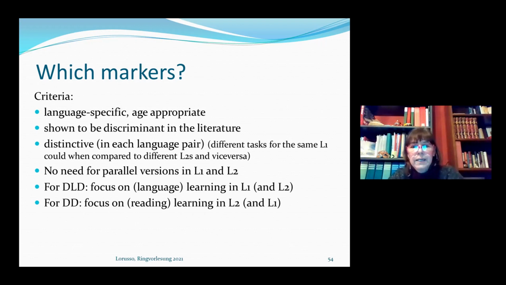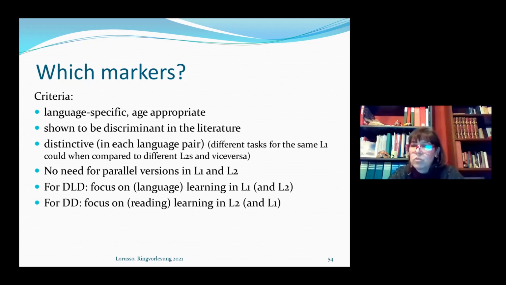So we did not have parallel versions in L1 and L2, although we had tests for both L1 and L2. For preschool children with DLD, we focused on language learning in L1, and for school-age children with DD, for the detection of at-risk children, we focused on reading learning in L2, because L2 is the language in which the children learn to read, while L1 is the language in which the children learn to speak.